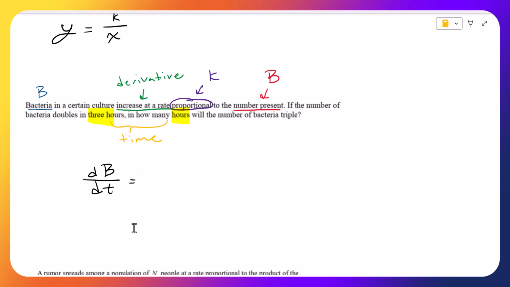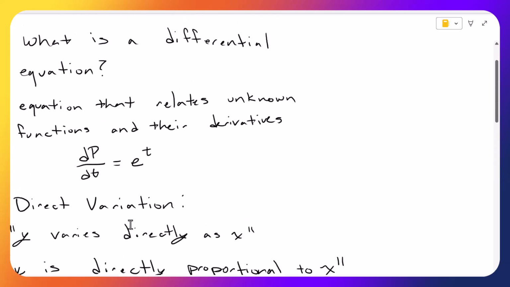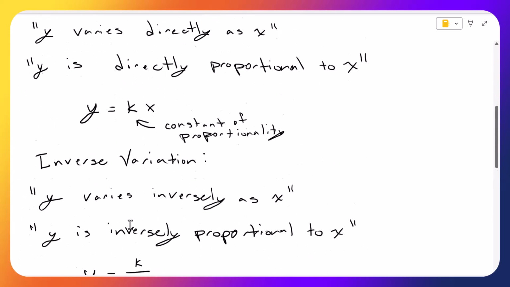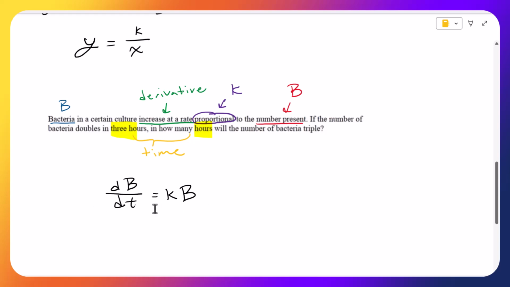So proportional tells me I'm going to have k. It's directly proportional to the number of bacteria present. So I'm multiplying k times B. So this is relating our unknown function to its derivative. And our unknown function is B of t, just to be really clear.